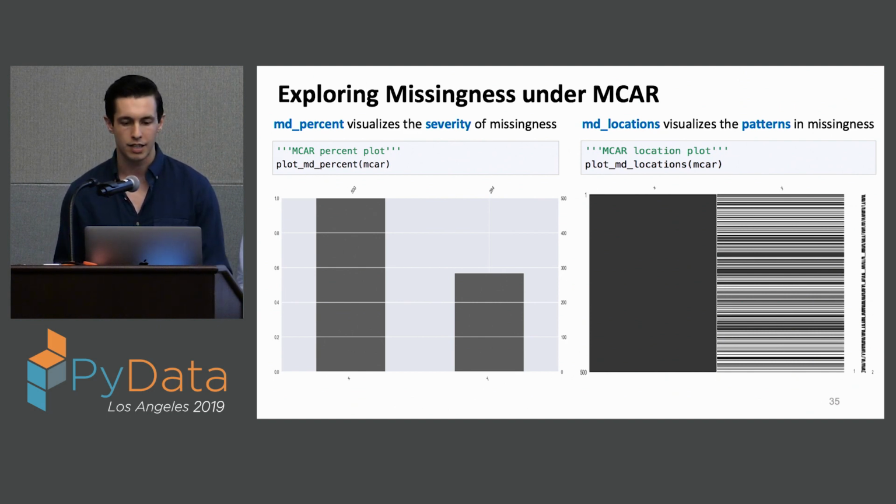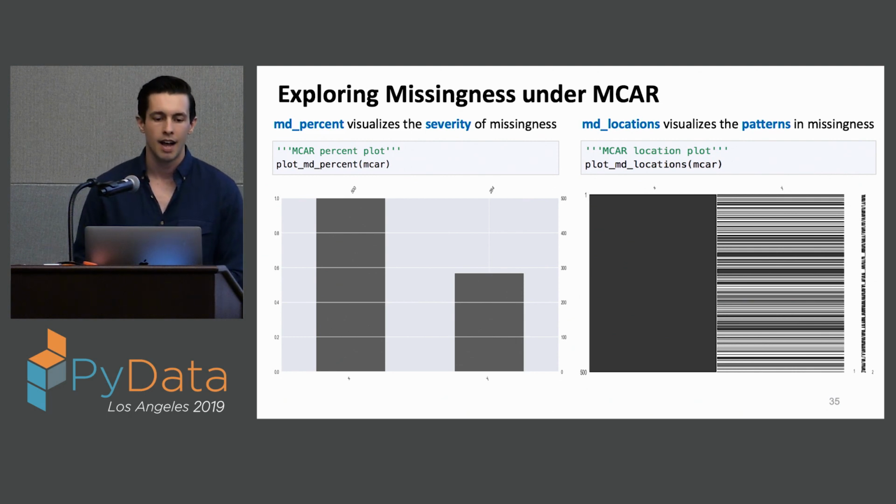So if we saw, for example, more whiteness toward the bottom, we would know that the probability of being missing increases as the value of X increases, right? And so looking at this graph really helps us reason about whether we're dealing with MCAR or MAR, right? And we should also note that there is no formal test for MAR, right?